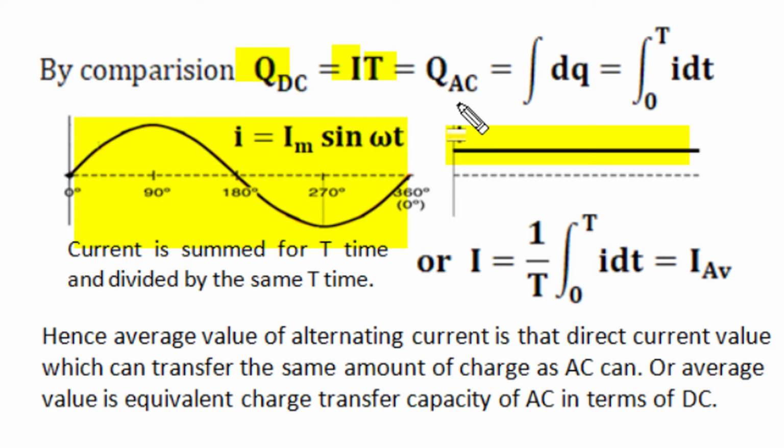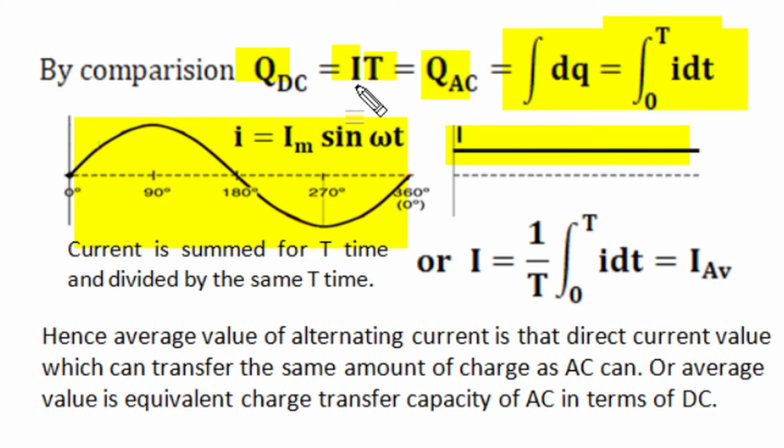In the same time interval in a sinusoidal alternating current cycle, the instantaneous current i, when integrated with respect to time in the interval 0 to capital T, will produce charge transfer given by this integration result. When we equate these two, we can find the DC value which transfers the same amount of charge as transferred by alternating current in the same time interval.